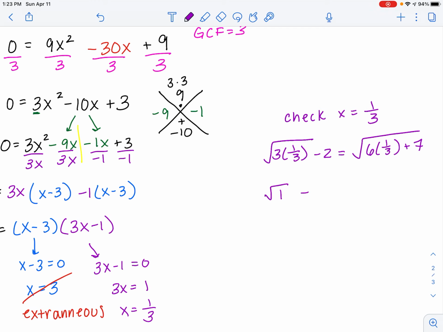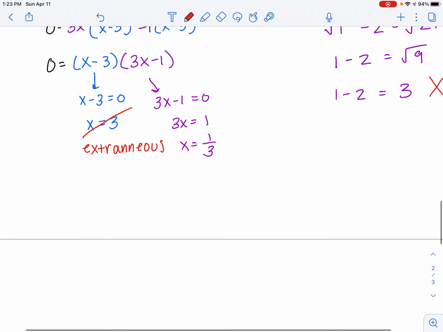So I get the square root of 1 minus 2 equals the square root of 6 times 1/3, which is 6 divided by 3, so 2, plus 7 in here. The square root of 1 is 1. 2 plus 7 is 9. So I get 1 minus 2 equals 3. Well, that's also not true. So this is also extraneous, which means overall we have no solution here.